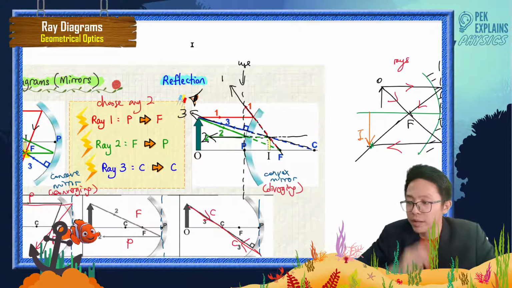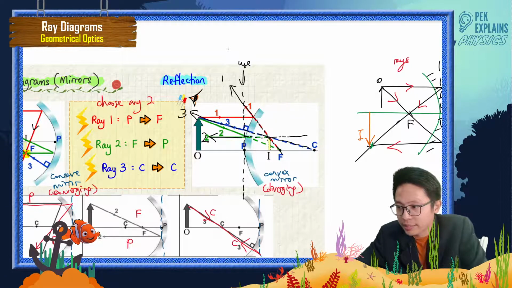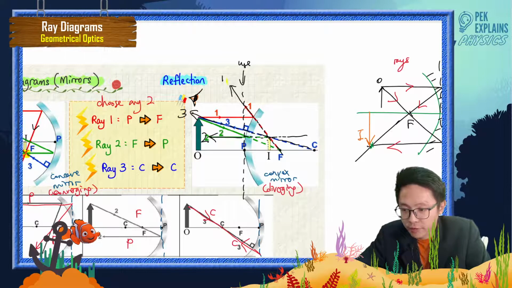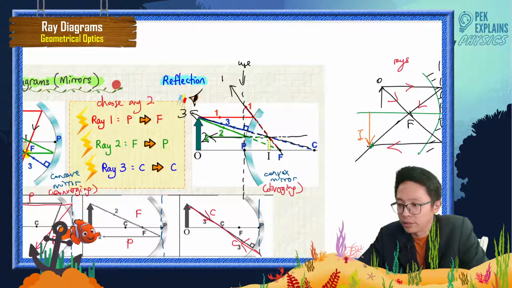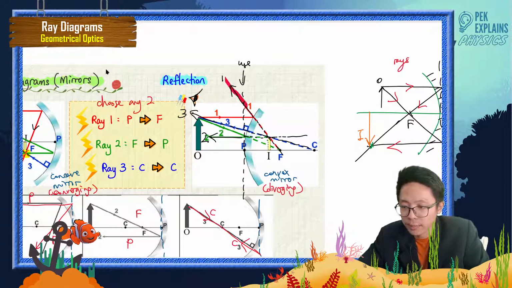That means I see the first ray coming from a straight line like that. Understand or not?